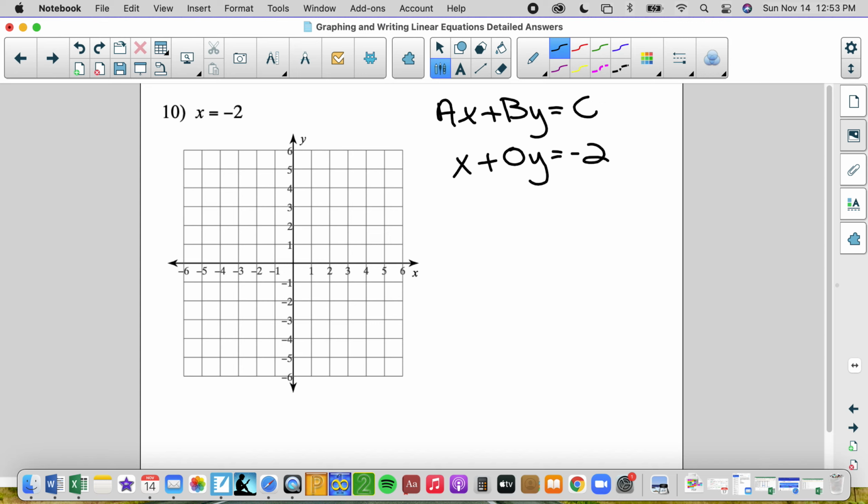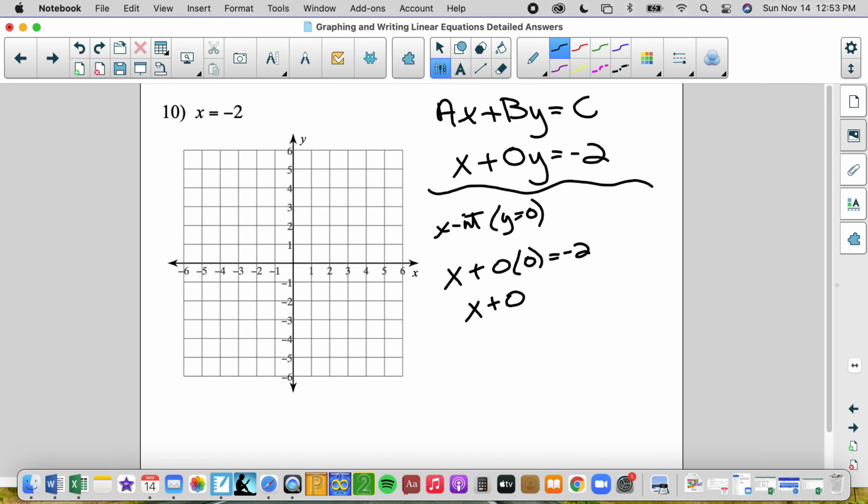So if we find the x-intercept, we're going to plug in 0 for y. So we get x plus 0 times 0 equals negative 2. You can multiply 0 times 0, nothing wrong with that. And you get an x-intercept of negative 2. X crosses the x-axis at negative 2.